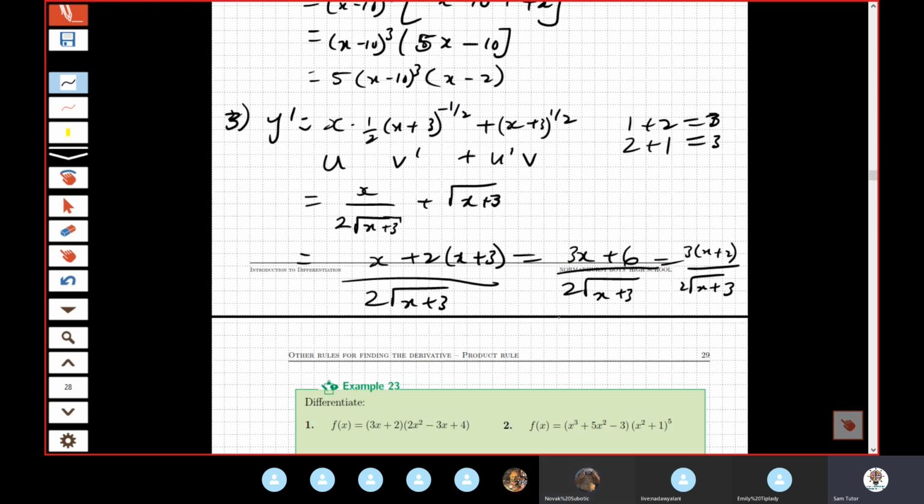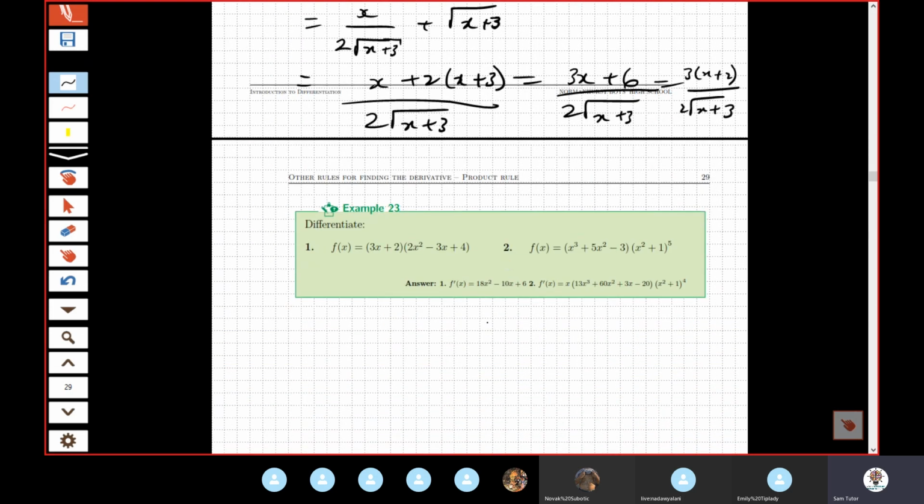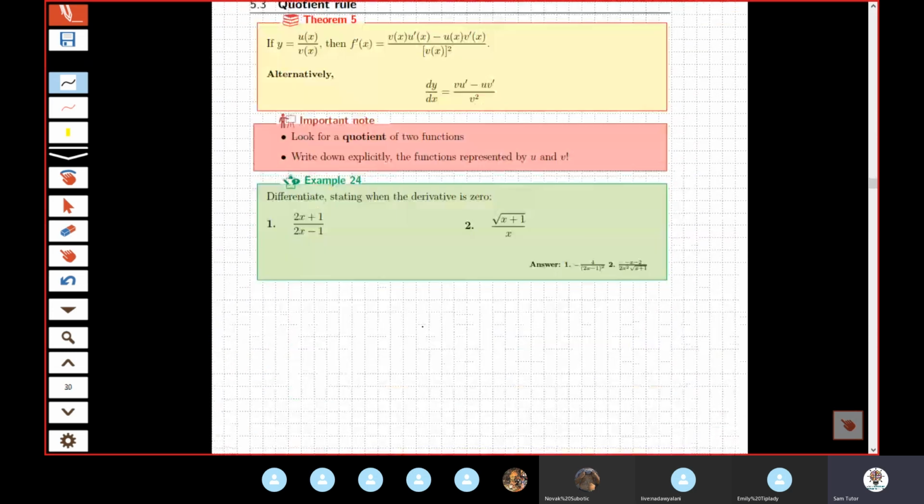Okay. Last two. Quotient rule. Shania, let's do question 1. u v, y dash equals.